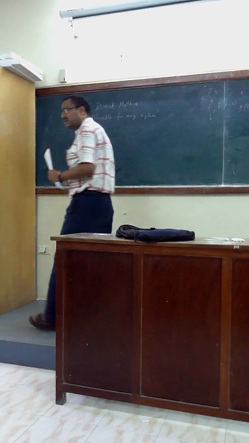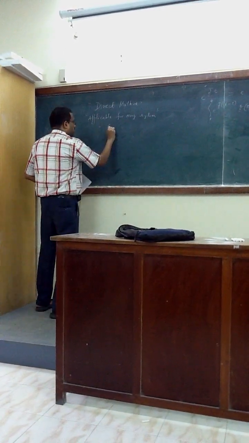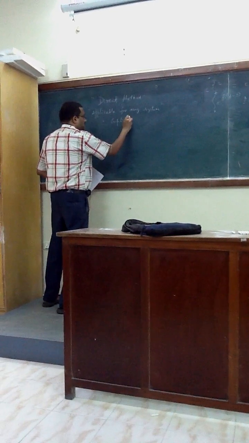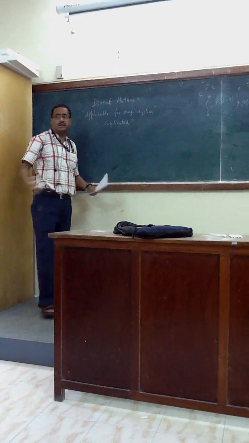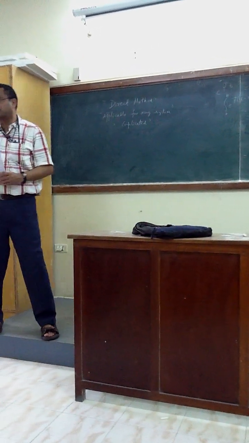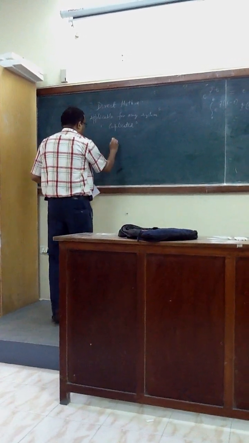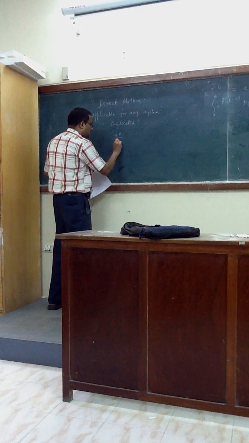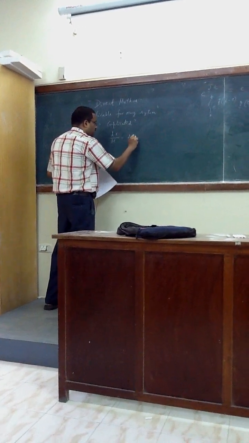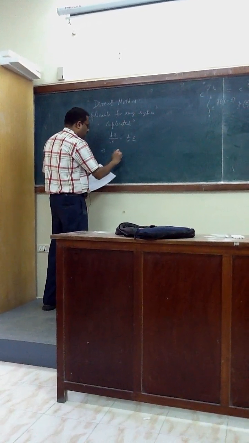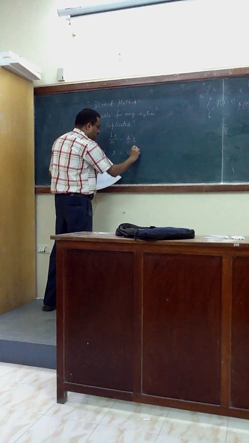Why is it called the direct method? Because your system is dx/dt equals Ax. What is the solution for this system? We know that e to the power tA into c. We have done it. This is called the direct method. I directly evaluate e to the power tA, and that's it. And how to evaluate c?